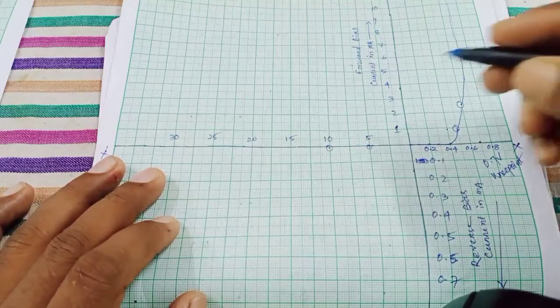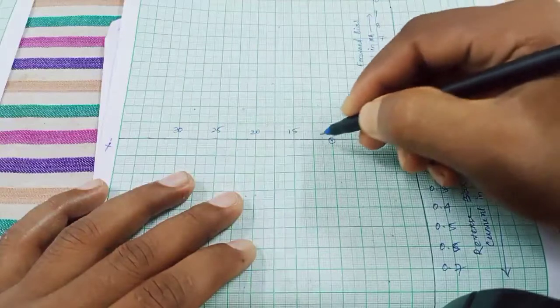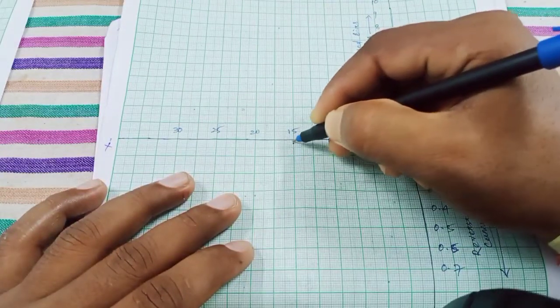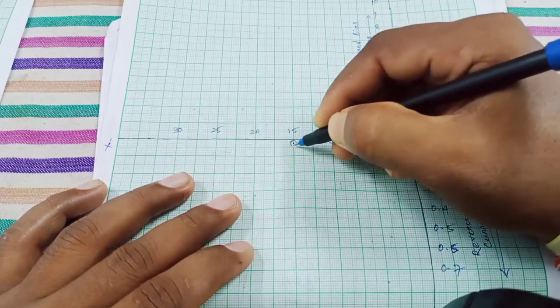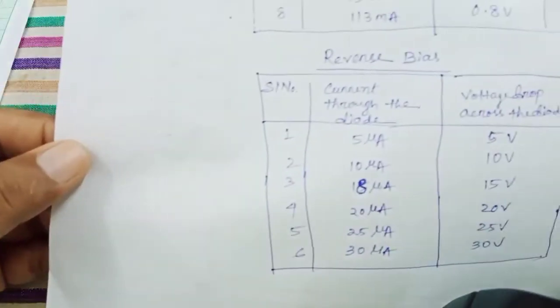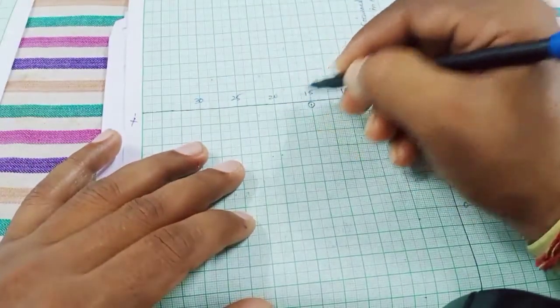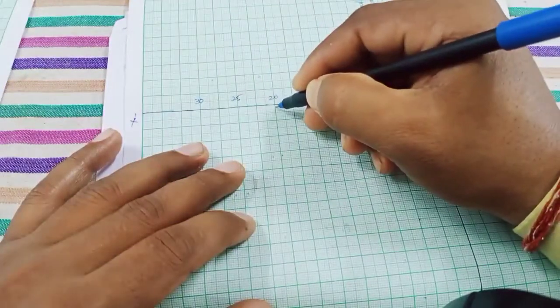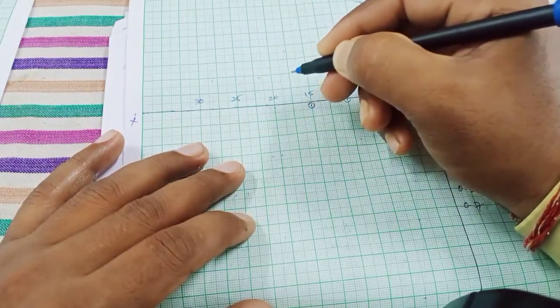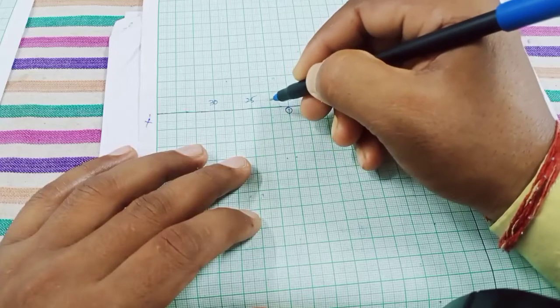Again at 15 volt, 18 microampere. So this is at this point. 20 volt, 20 microampere, and 25 microampere.